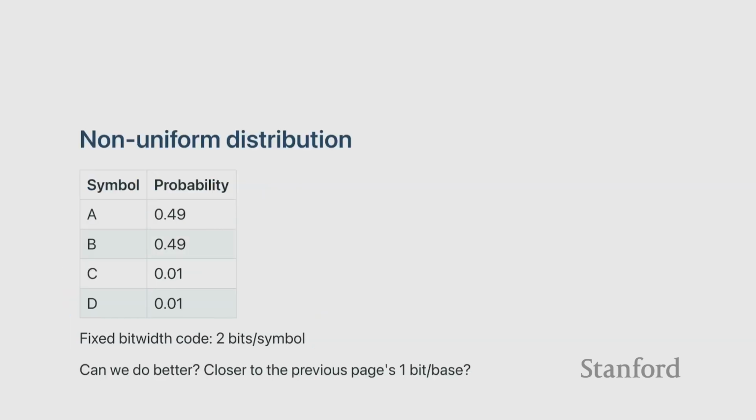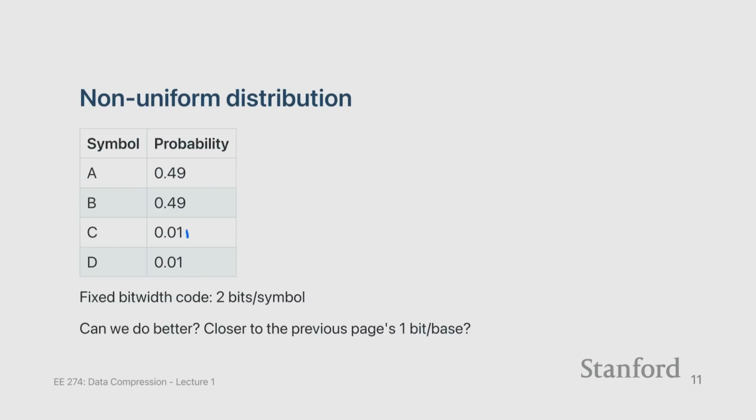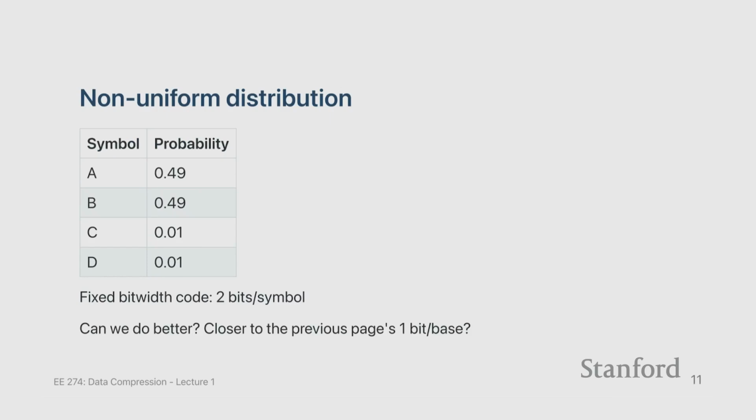Now, see, I slightly modified the distribution. Here you had just A and B, and both were 50-50. Now I said, no, I have C and D also, but they have lower probability, right? So what I'm saying is it's almost always A or B, but in very rare cases it can be C or D. This looks like a very similar distribution to the one we already had in the last slide.